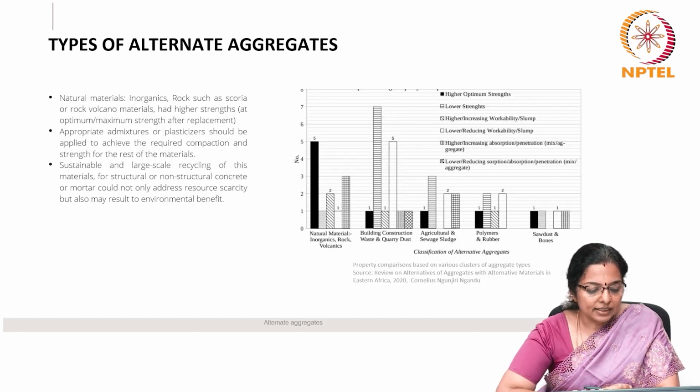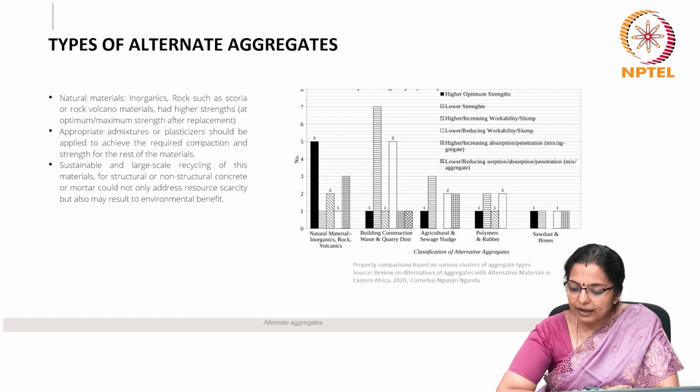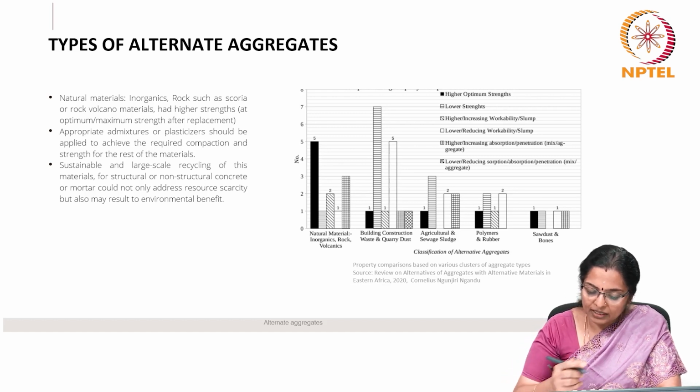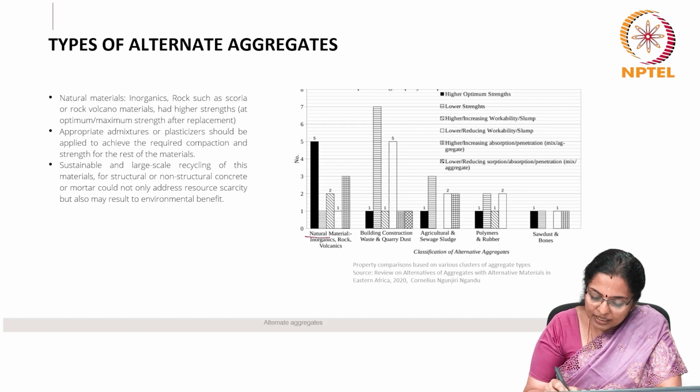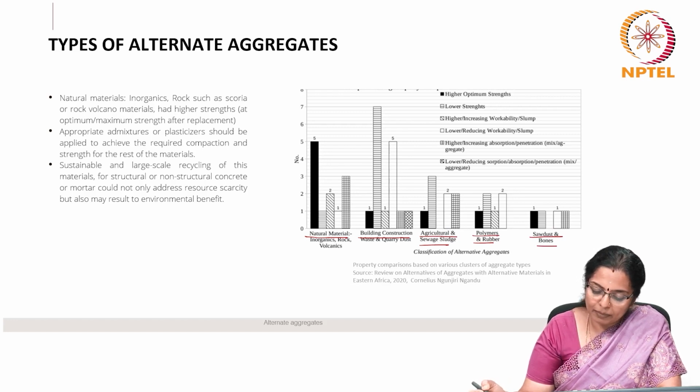Let's look at the types of alternate aggregates. So we have already seen alternate aggregates based on natural materials, building construction waste and quarry dust, agriculture and sewage sludge, polymers and rubber, sawdust and bones. And here is the property comparison when we use any of these 5 materials.